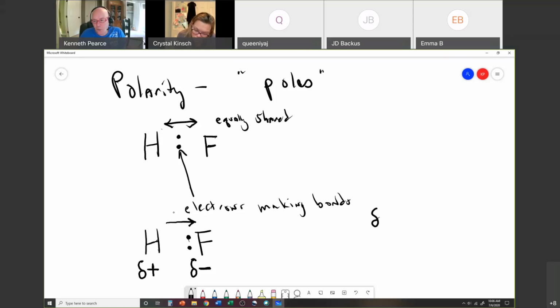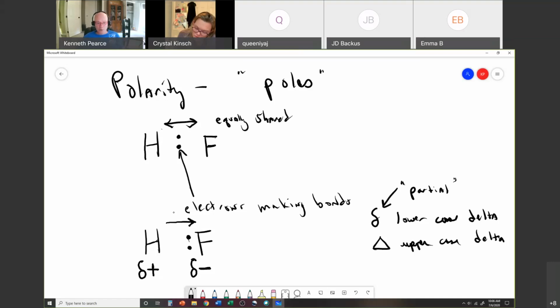This is a lowercase delta, Greek letter delta, and a triangle is an uppercase. All right. And when we have a lowercase delta, this means partial.